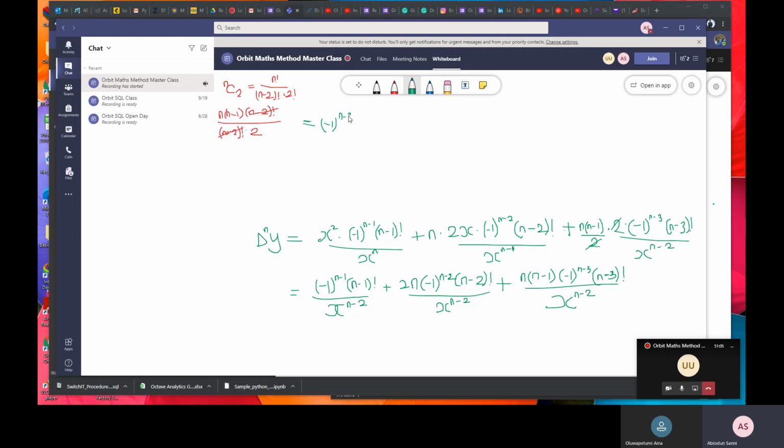So let me factorize that minus 1 to the power n minus 3 and n minus 3 factorial, for example, out of this. Also, in the denominator, everything is common. I can factorize x to the power n minus 2 out. Now, if I factorize minus 1 to the power n minus 3 out of minus 1 to the power n minus 1, what do you think is going to be left?